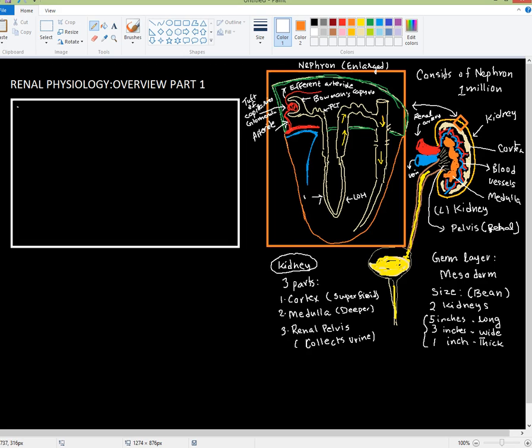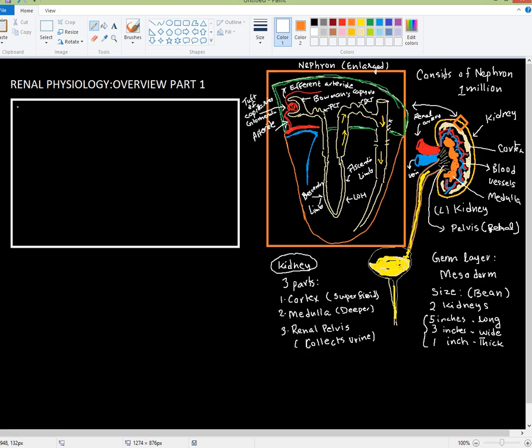The first one is the descending limb, and the one that is going up is the ascending limb. I have shown in the arrow how the filtrate is going. This is the distal convoluted tubule right here, and then it's going to the collecting duct.